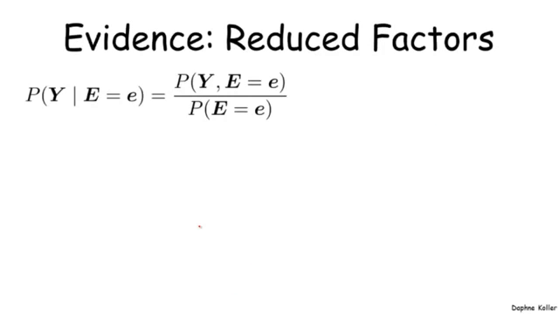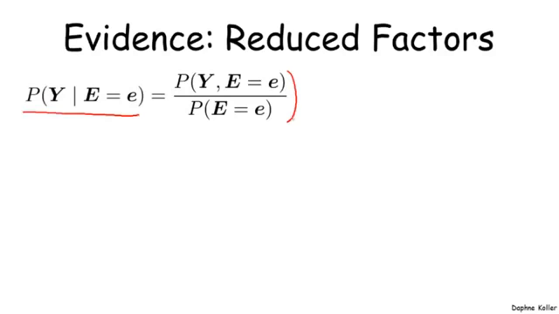What about evidence? Well, evidence, it turns out, can be done by a simple pre-processing step of factor reduction. So here, if we're trying to compute the probability of a set of variables Y given evidence, that by definition is the ratio between the probability of Y and the evidence divided by the probability of the evidence.